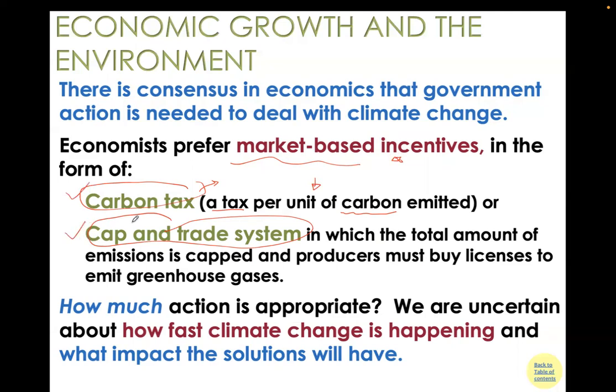What is a cap and trade system? This says that each producer has a total amount they're allowed to emit. Once they exceed this cap, they must buy a license or a permission to emit any gas that can cause damage to our environment.